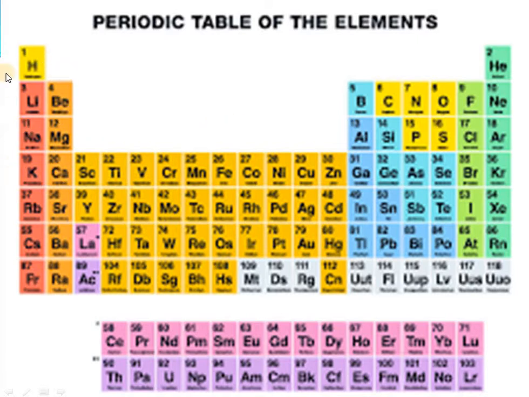In a more detailed way we have already discussed how to find period and group. For example, magnesium belongs to the third period and second group. Similarly, phosphorus belongs to the 15th group and third period. If I want to find the period and group of magnesium, we have to be aware of the atomic numbers.